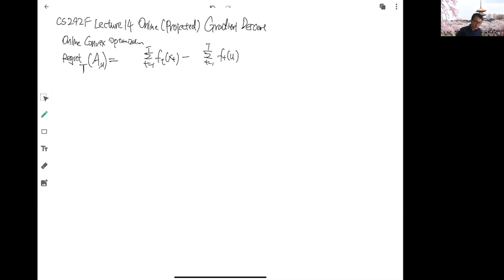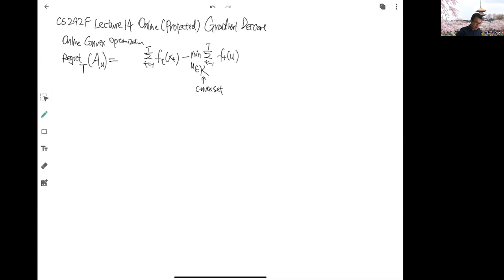Alternatively, we can just choose u to be the minimizer, the one that minimizes this sequence of functions subject to an additional constraint. K is a convex set.